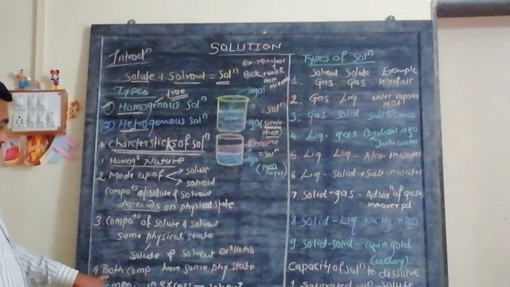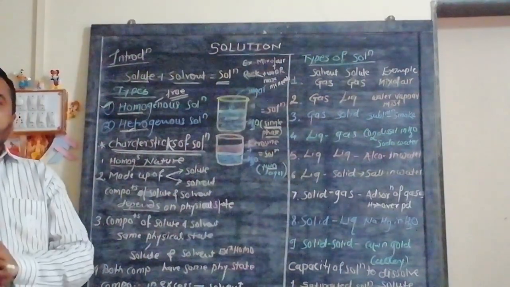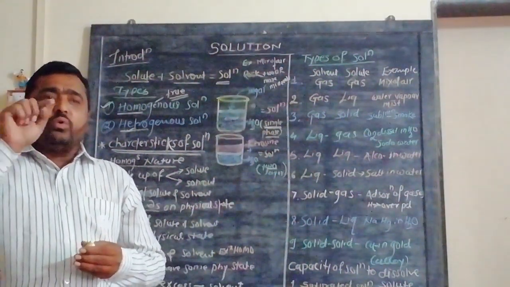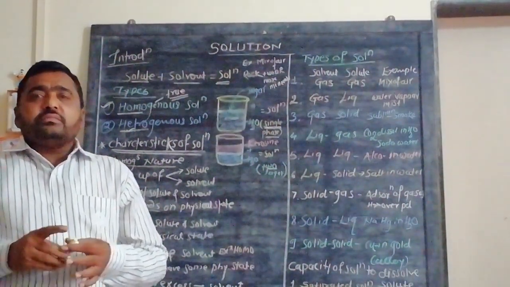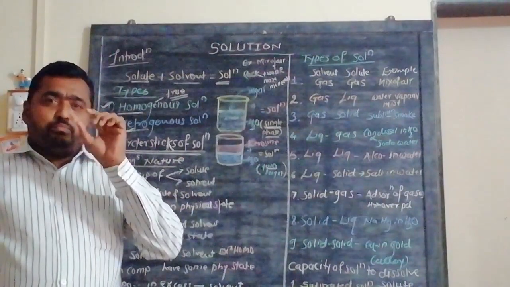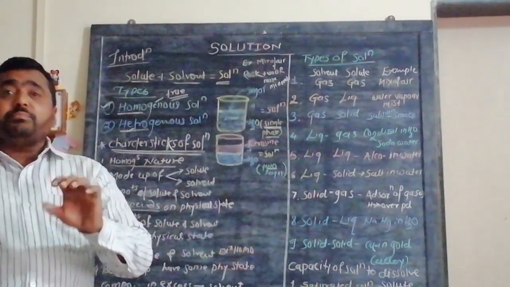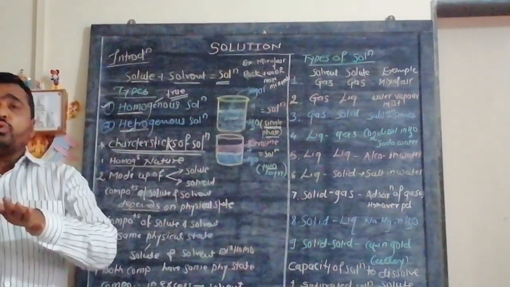The fourth property is that both components have the same physical state. Consider the example of alcohol in water: alcohol is a liquid and water is a liquid. So both components, solute and solvent, have the same physical state. Then which is the solvent and which is the solute?